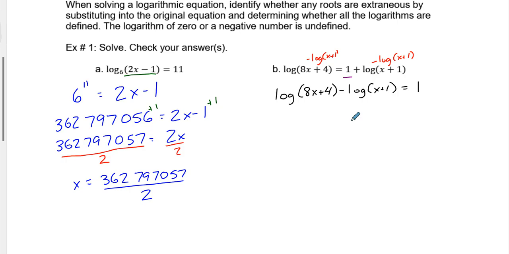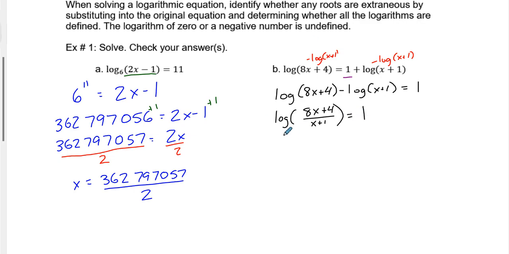Now if we go back to our logarithmic laws from our last section, when we have that subtraction, it means that we're going to divide these 2 arguments. So we actually have the log of 8x plus 4 over x plus 1, and that would equal 1.